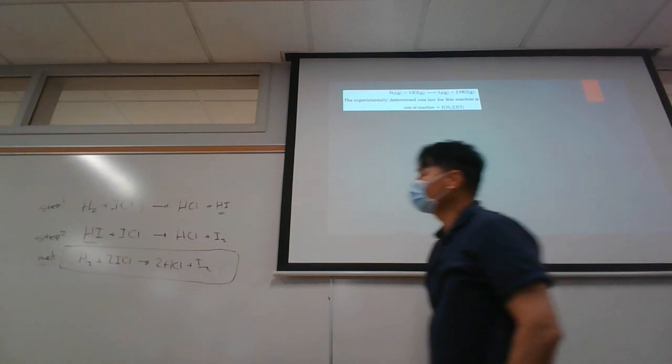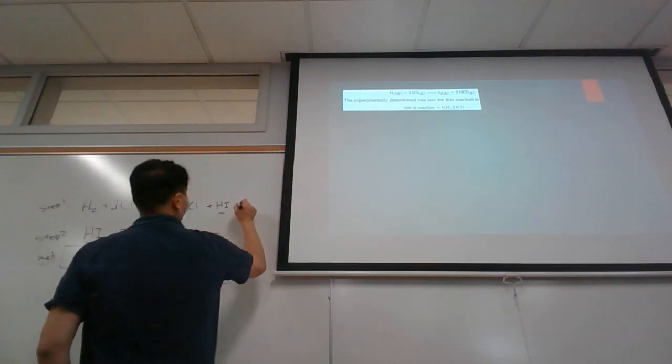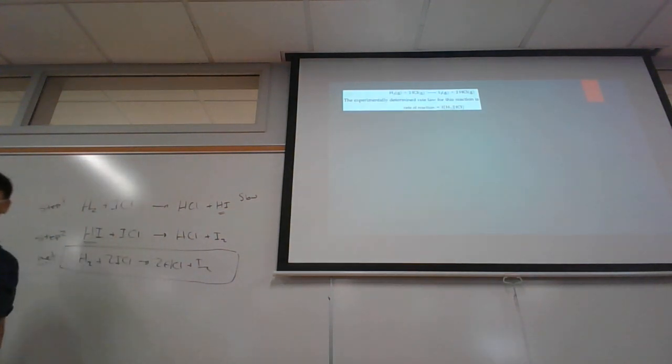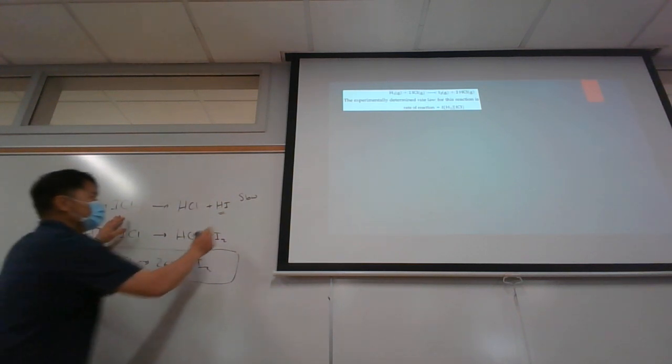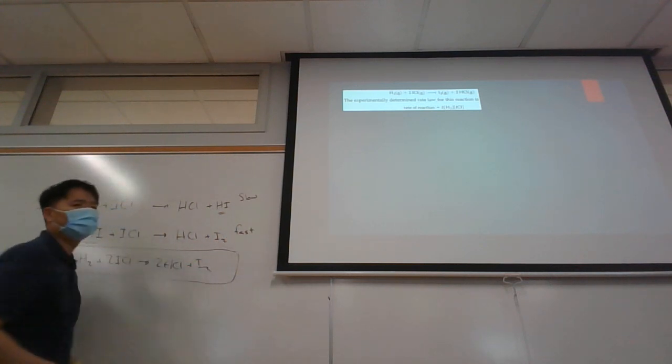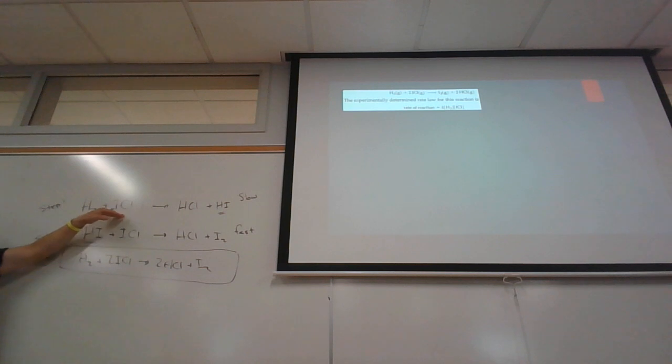So what I could do is call the first step the slow step. This is me assigning; I could call the second step slow, but if I did, it wouldn't work. If I call the first step slow and the second step fast, then the first step is the bottleneck, and the first step dictates how fast this reaction occurs.